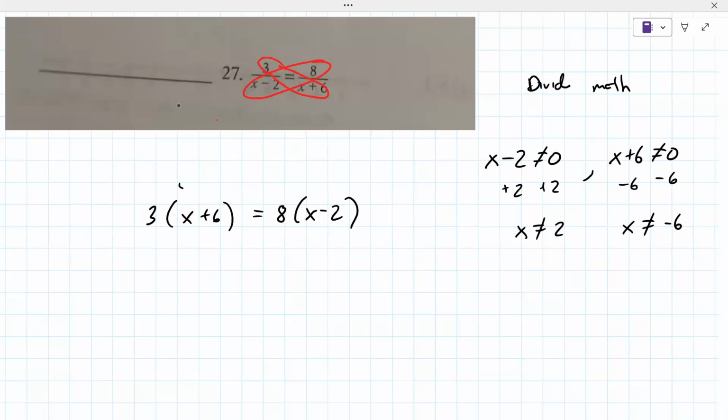Okay, so this is the result when you cross multiply. What I would like you to do is distribute the 3 to both and the 8 to both and tell me the result, please.